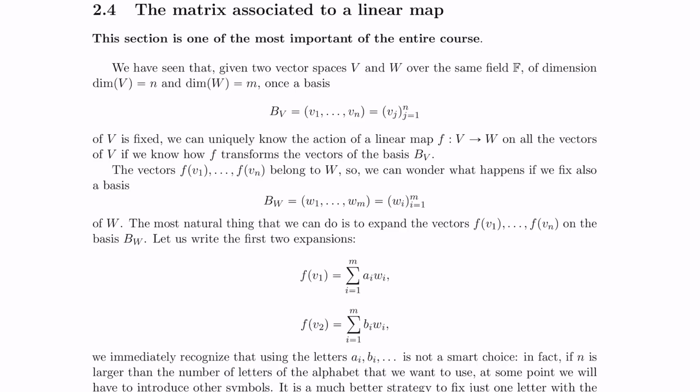I have written the coefficients of the decomposition of f of v1 with a and the coefficients of the decomposition of f of v2 with b. However, it is easy to recognize that this choice is not very wise.